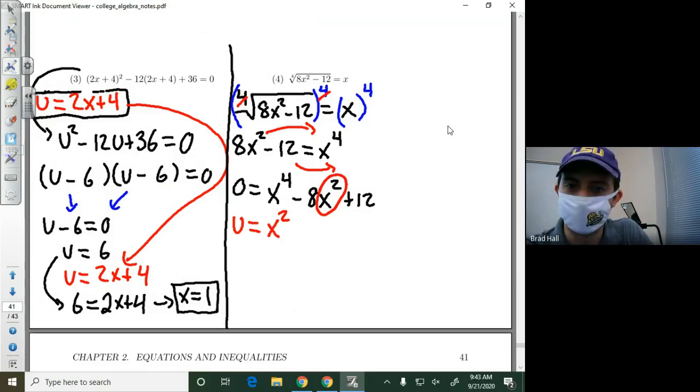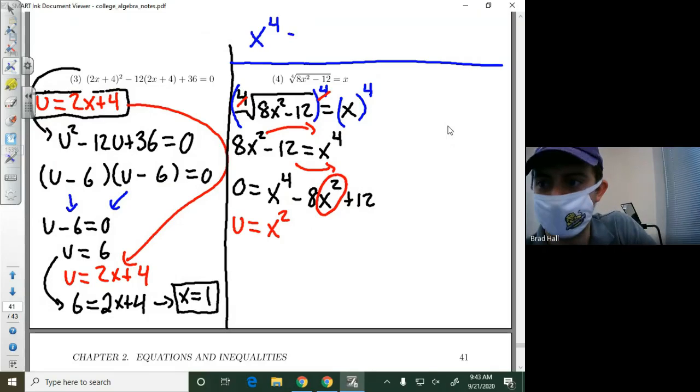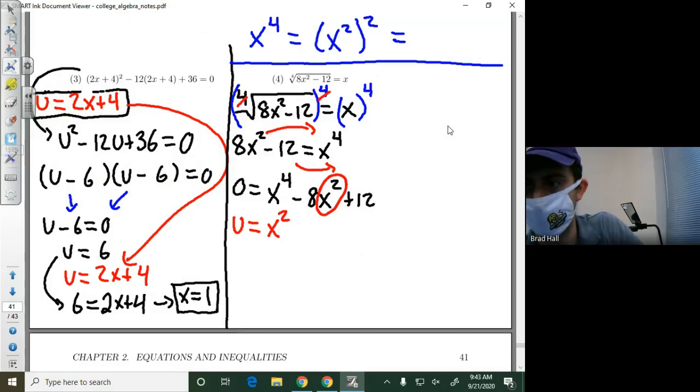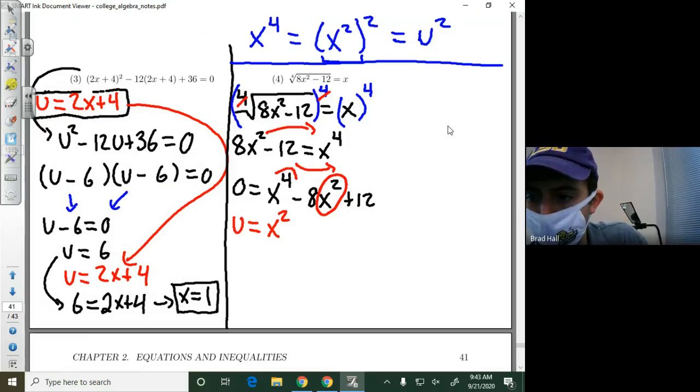The x to the fourth that was in the front is just x squared squared. But what did we say x squared was? We said that's u. So that's why we are going to replace x to the fourth with u squared.